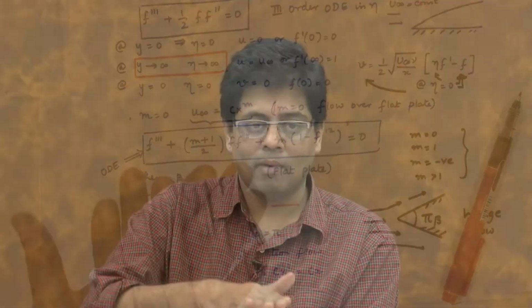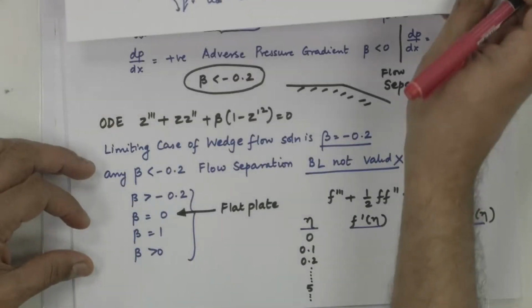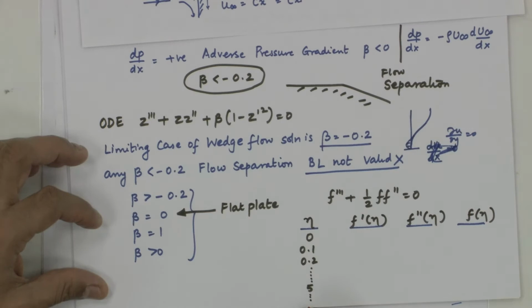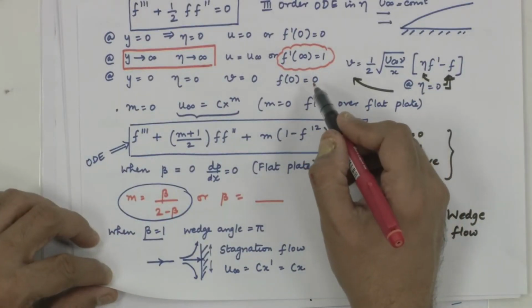I continue to march in eta such that at one value of eta, which I don't know, it will so happen that f prime of eta would be equal to 1. This boundary condition would be satisfied at one particular value of eta, and beyond that, for any value beyond that also, f prime of eta would be equal to 1.